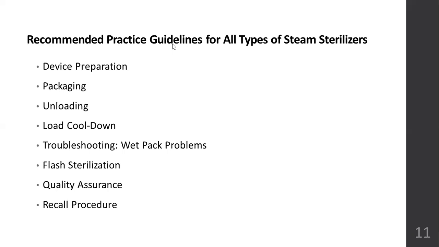Recall procedure. Recall procedures are done when you see that items have been sent to the departments for use, but later you understand that the sterilization was not achieved completely. Like later you saw the microbiological surveillance report or the chemical indicator, but before that, the items were dispatched to the user department.